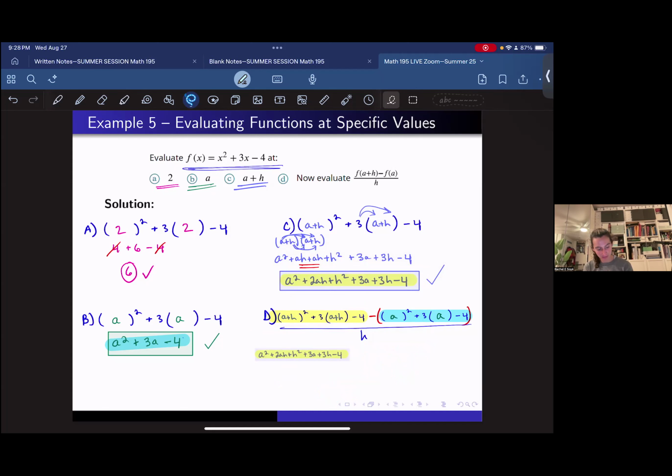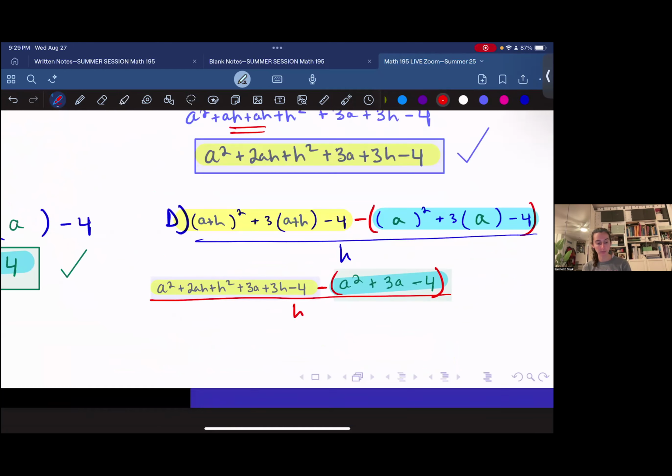So yellow minus blue, and we want to make sure that our blue is again in those parentheses because we are distributing this negative to each term inside the blue, all over h. And I'm going to zoom in on this now for you.